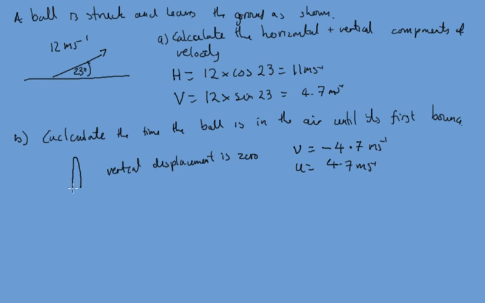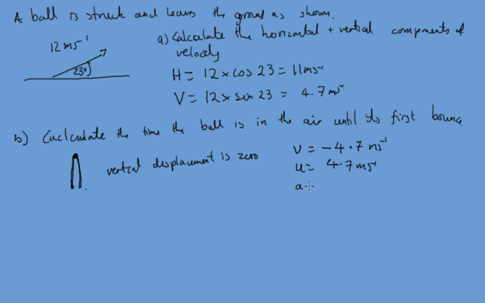So you think about it here, it is given its initial velocity of 4.7, it comes up, velocity here will be 0, comes down, and then it's going to be negative 4.7 because it's in the opposite direction to as it goes up.